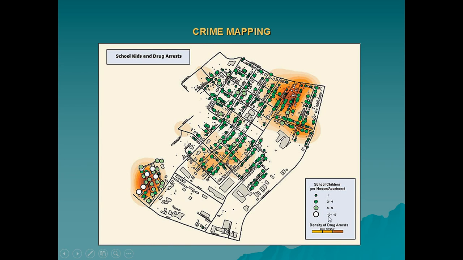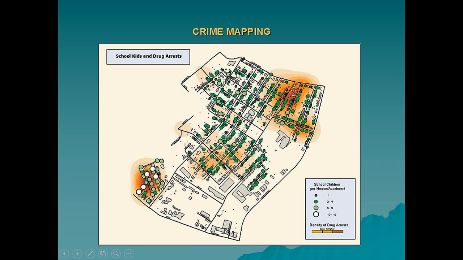The larger circles represent larger numbers of students. And then the graded colors, this is density mapping, represent the density, or in other words, the numbers of drug arrests. So the yellow is less, the brown is higher.